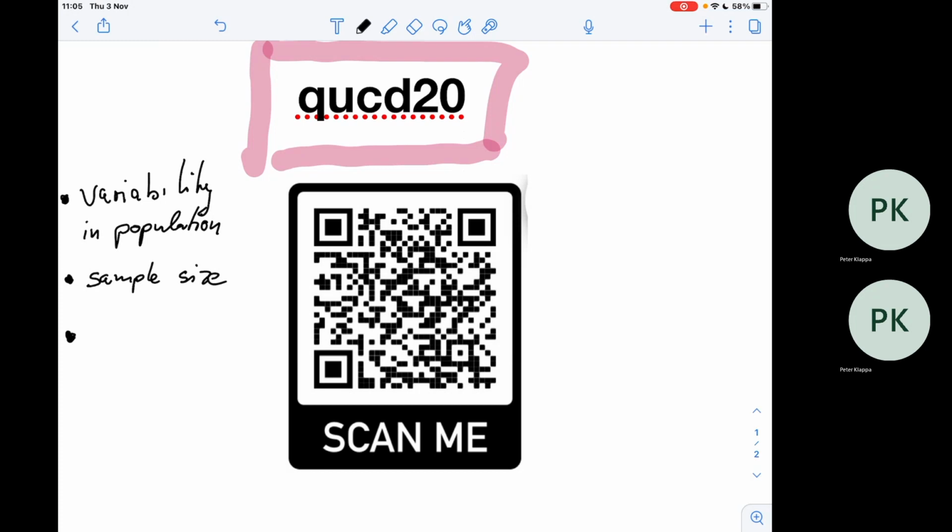The third factor that I told you is my preparedness to make a mistake. So that would be the significance level, or the confidence level.